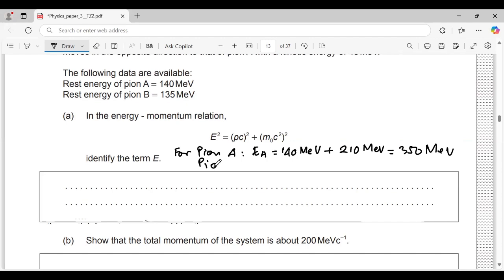While pion B, the energy is 135, I mean, 135 mega electron volt plus 48 mega electron volt, and it is 183 mega electron volt.